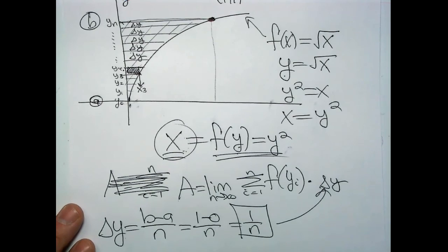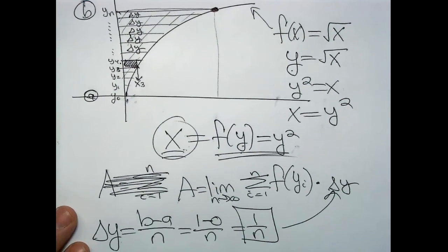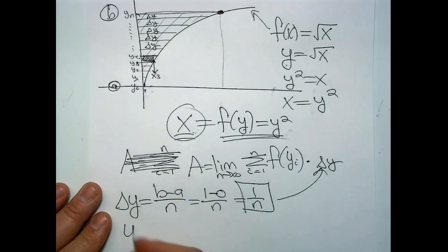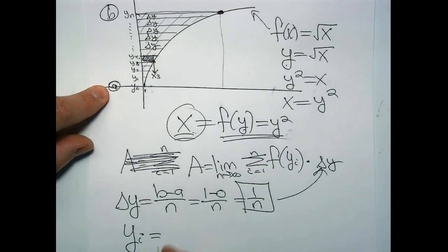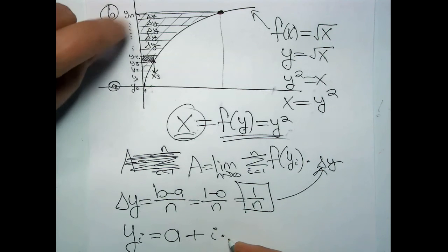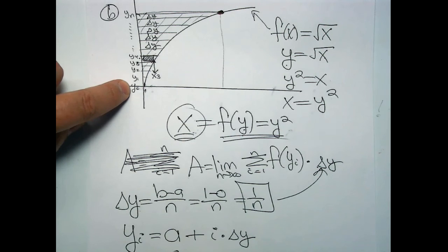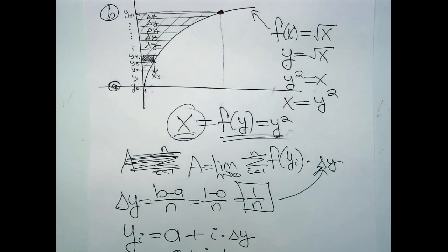Now I need a little pointer that points to these little y values, y sub i. How do we do those pointers? Well, just like the other way, we start with a, and we add i times, well, not delta x, these are all delta y's. So y sub i is a, which is y value 0, plus i times delta y, which is 1 over n.